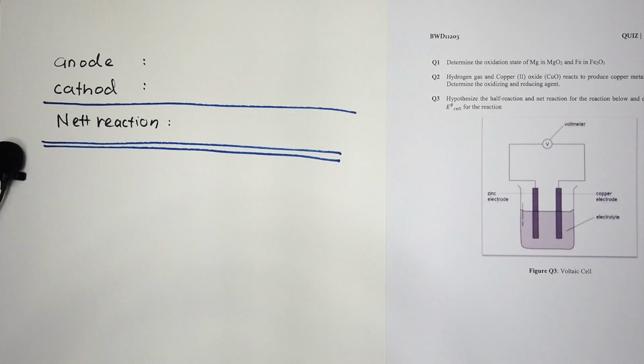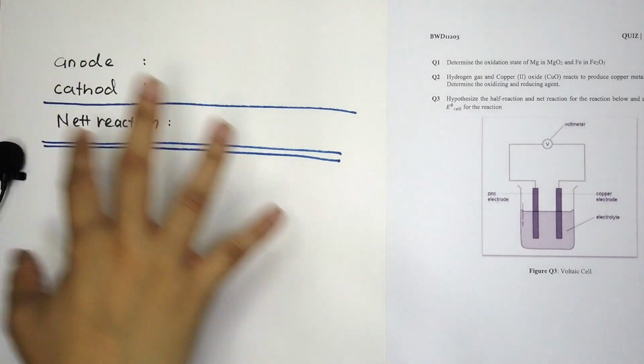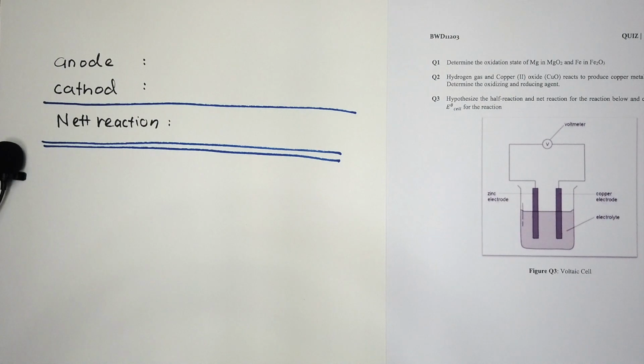Now I'm going to explain to you how to write the half reaction and also the net reaction. In the half reaction, you should have anode and also cathode, and the net reaction is actually the combination of anode and cathode. From here, you can actually calculate the E° cell for this particular reaction.